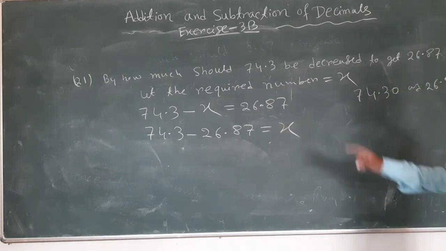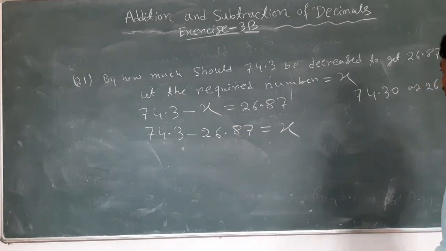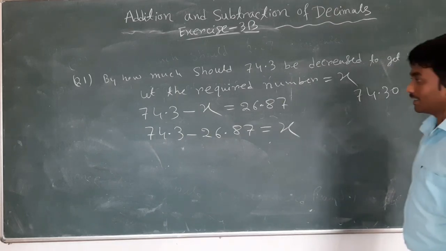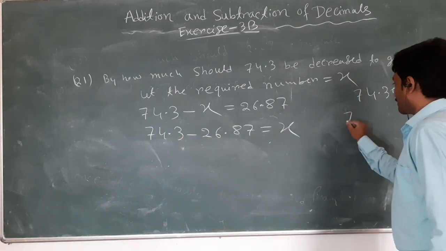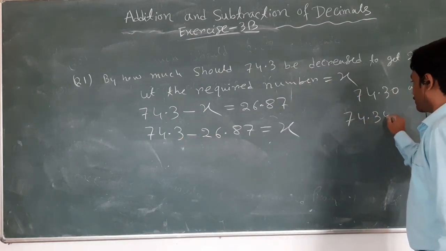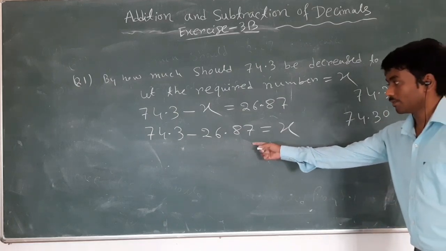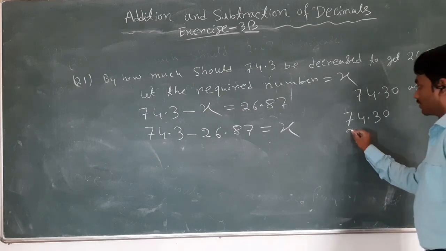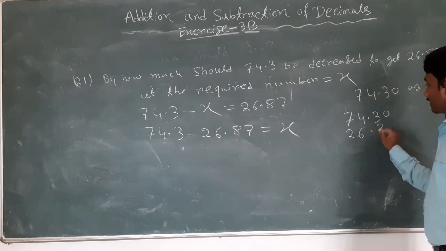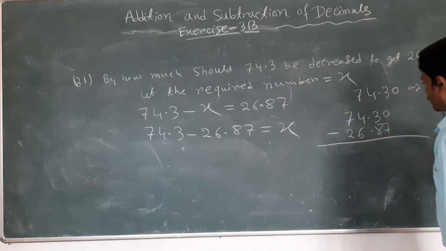So we convert each of the decimals up to 2 decimal places. Next we write the large decimal, that is 74.30, and next we write the small decimal number below the large decimal, 26.87, and next we put the minus symbol.